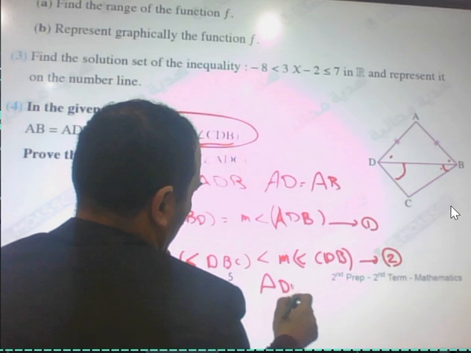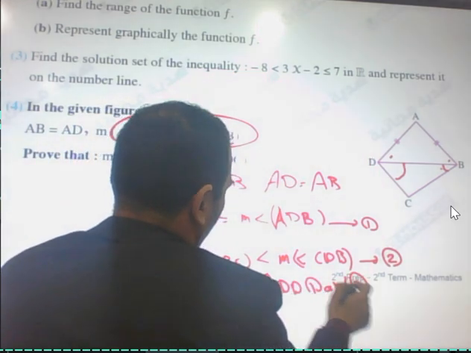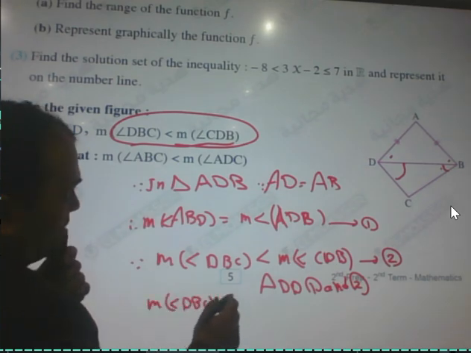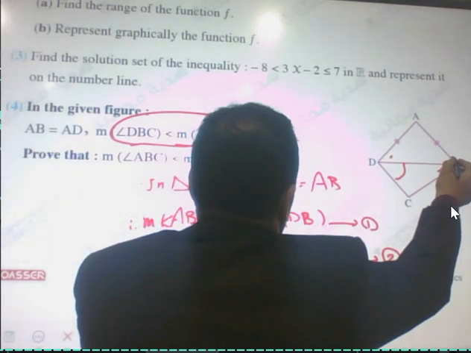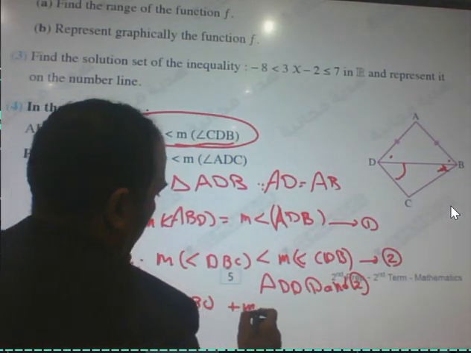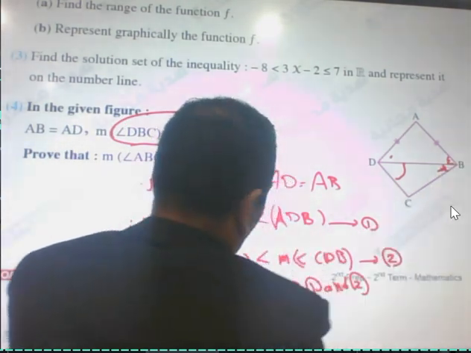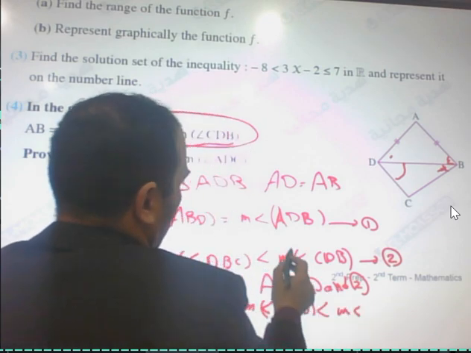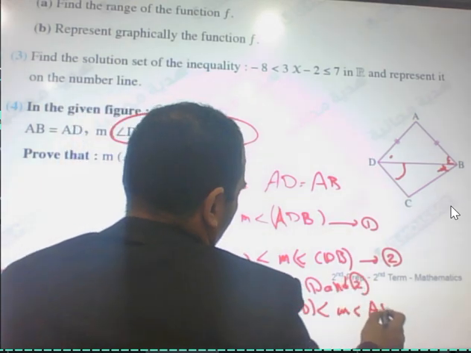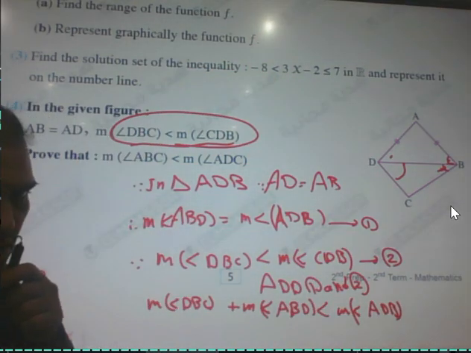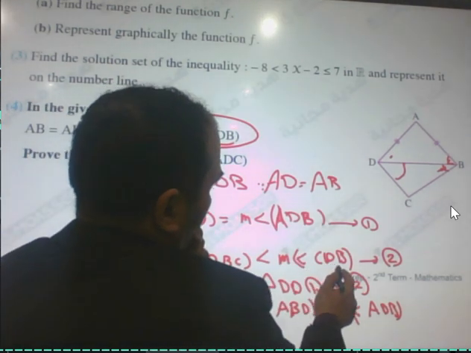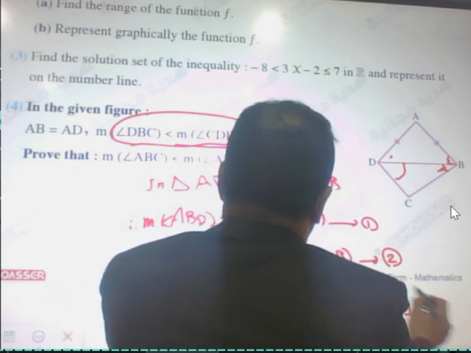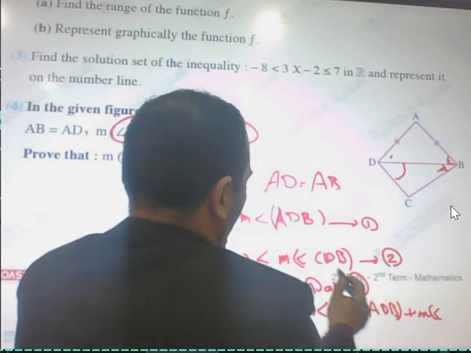We can add relation number 1 and relation 2 together, left hand side by left hand side. The measure of angle DBC, this angle, added to the measure of angle ABD, will be less than the measure of angle ADB plus the measure of angle CDB.